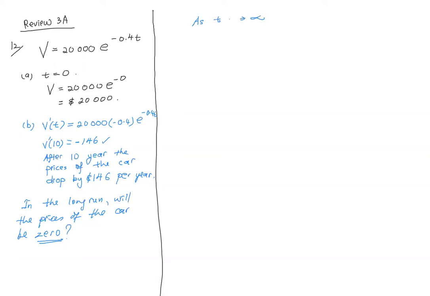Yes. In the long run means t approaches infinity. We have to start with that. So what happened to e to the power of negative 0.4t? It approaches zero. So the value of the car will approach zero, but it will not become zero. So you write here from above.